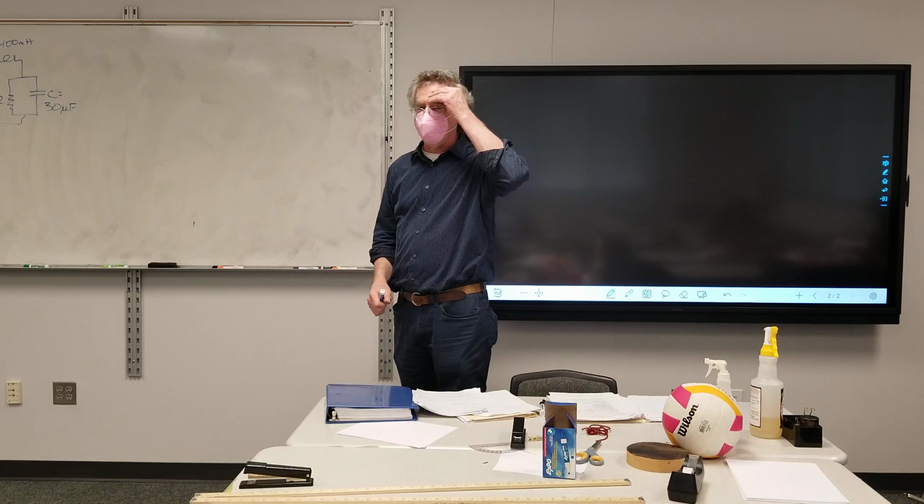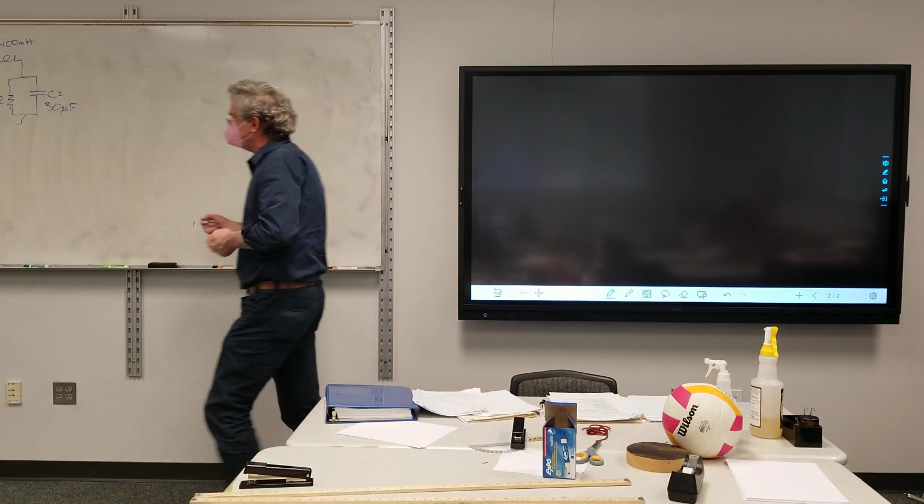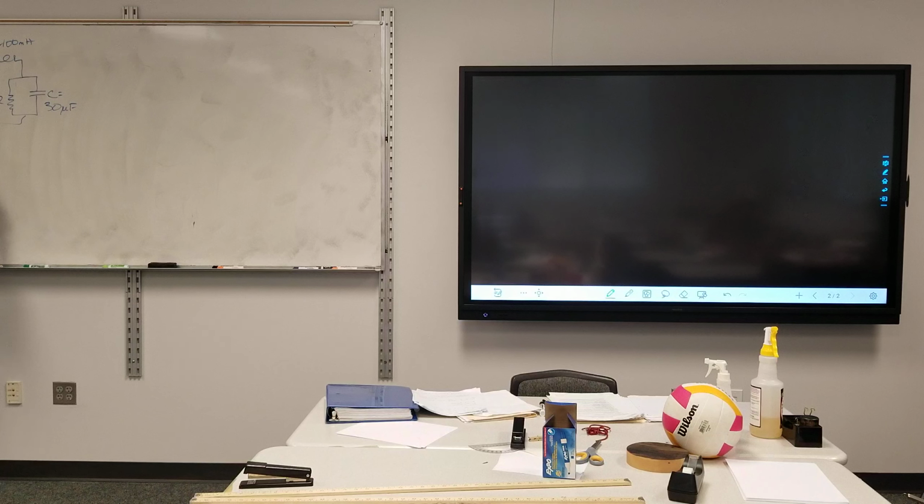To start out with the phasor diagram, let's not forget the rules. Things that are true regardless of the setup: X sub C, the capacitive reactance, is equal to 1 over omega C. The inductive reactance is equal to omega L, and resistance is just resistance. I have Ohm's law variations. The voltage across the resistor is equal to the current across the resistor times the resistance.